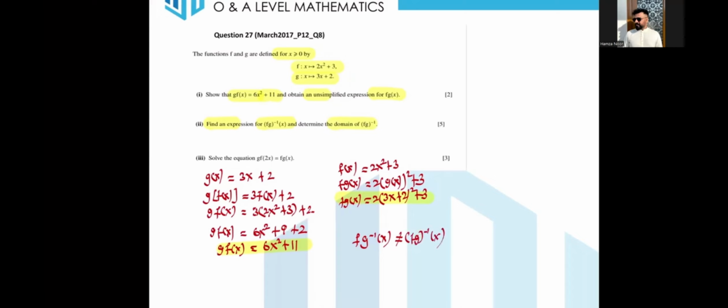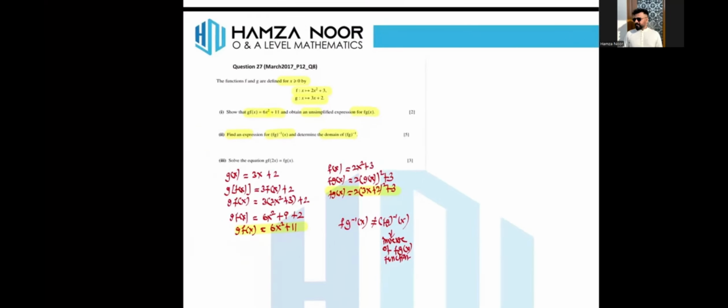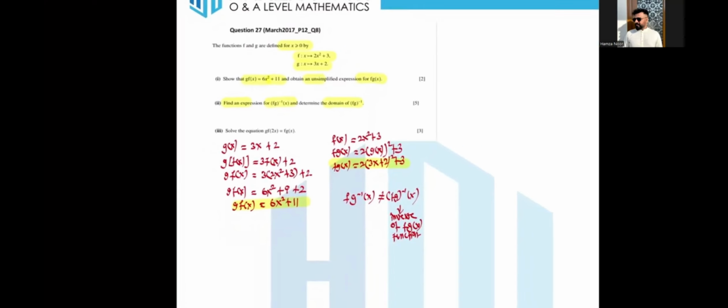In this case, we have the inverse of the fg(x) function. First of all, we need to find the function f(g(x)), which we have already found in part 1.